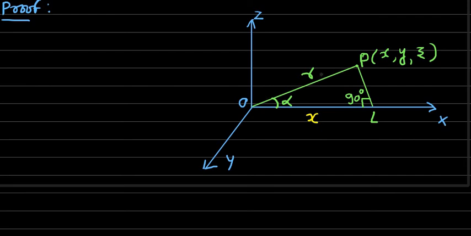Let OP be equal to the distance r. Through the point P we draw a perpendicular on the positive direction of the x-axis such that the foot of the perpendicular is at point L, so that angle OLP is 90 degrees. Then the distance OL will be equal to x.